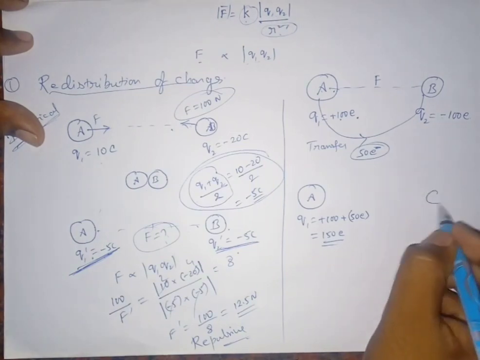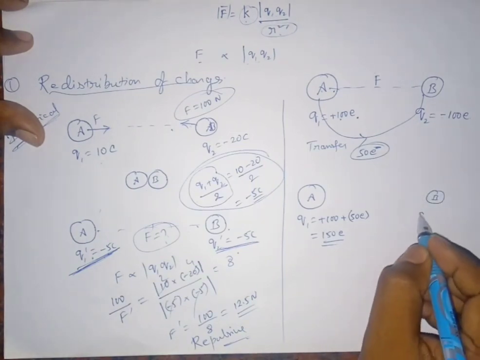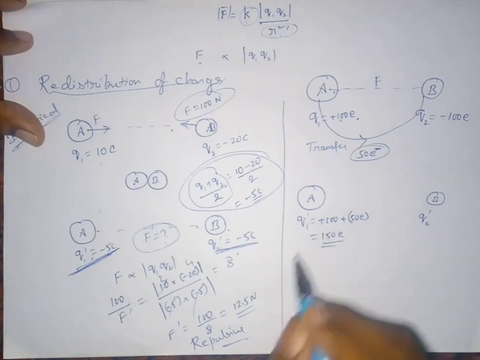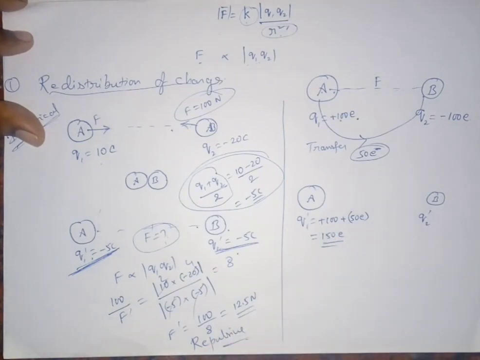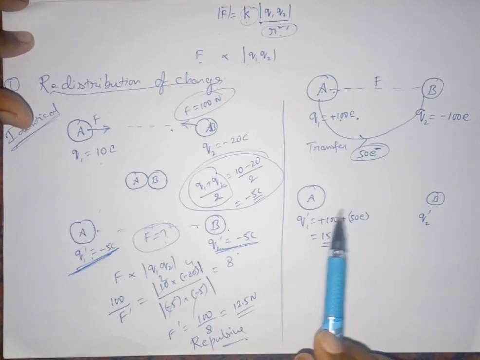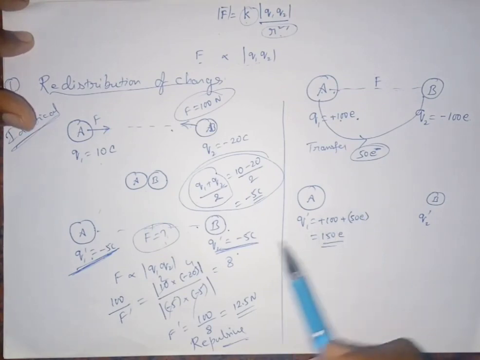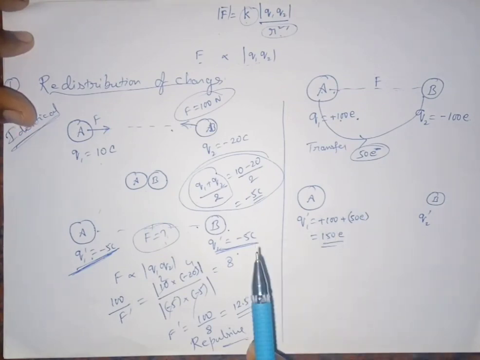Now what happens to body B? Whenever electrons are given to a body, it gains negative charge. Whenever electrons are removed from a body, it gains positive charge. So by removing or adding electrons, the body gains charge.